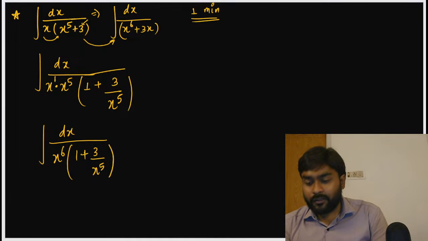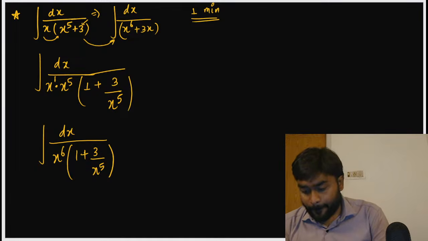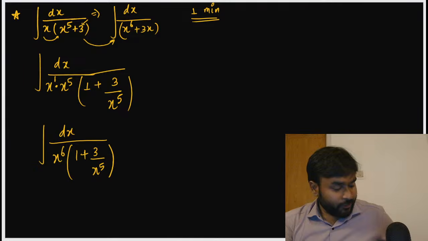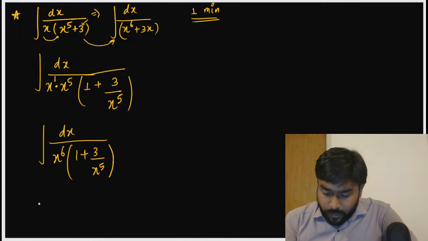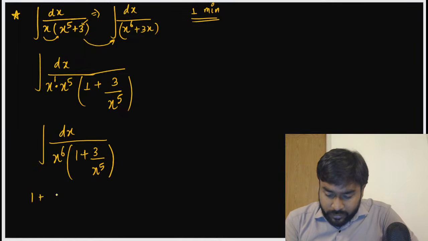Okay, anyone can tell me after this? Okay, so I will tell you what we can do after this. We will take 1 plus 3 by x power 5 as t.